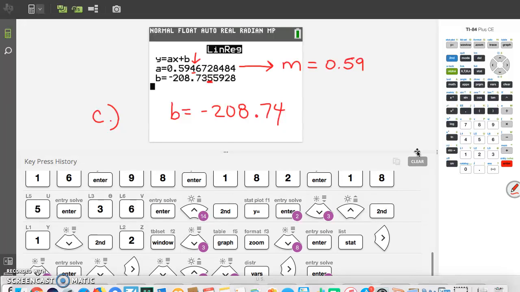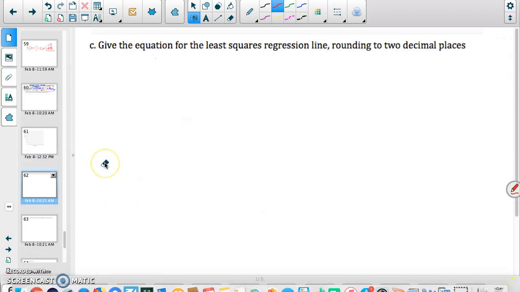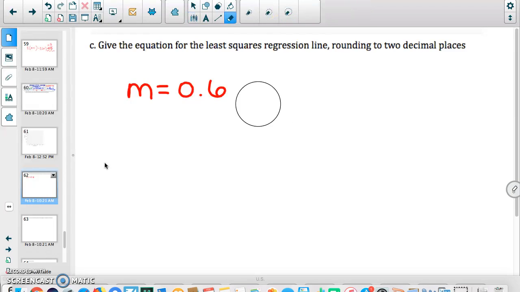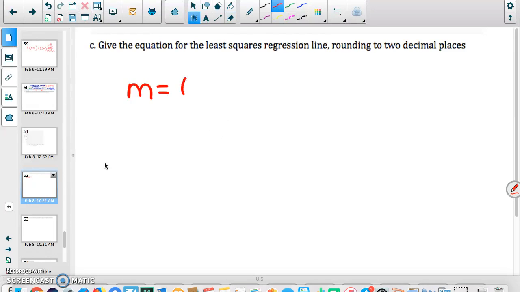And let's get this equation together. So again, my slope was 0.59.